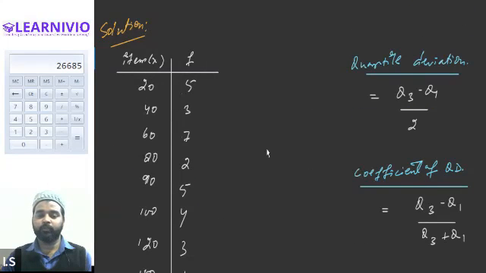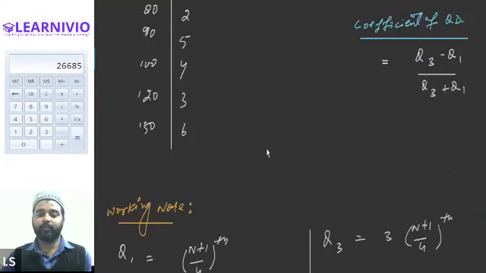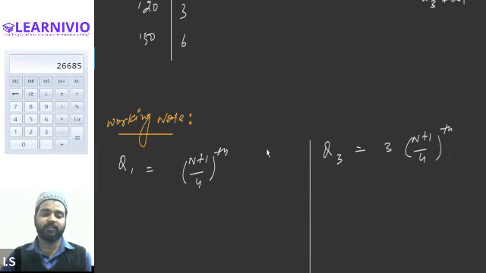We just wrote down the question, the item and frequency, and the formulas. So now the next step is to calculate Q1 and Q3. For calculating Q1, you need the n. And what did I tell you about n? N is the total number of items in the question.